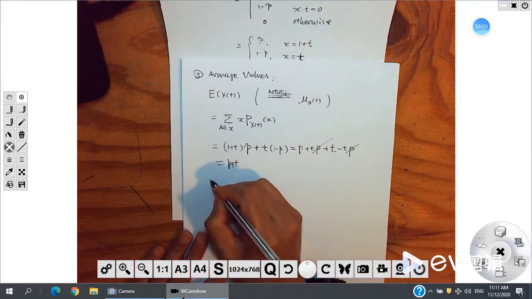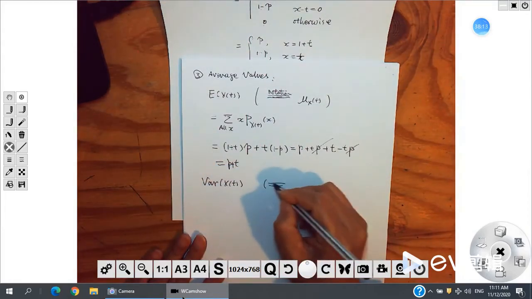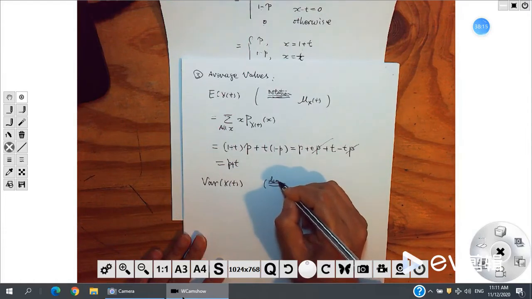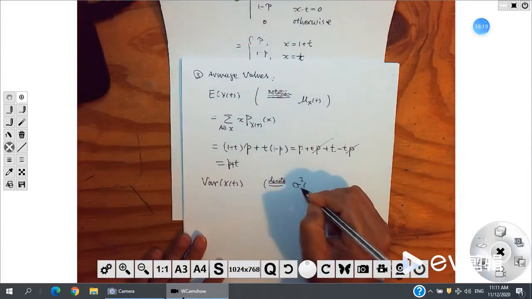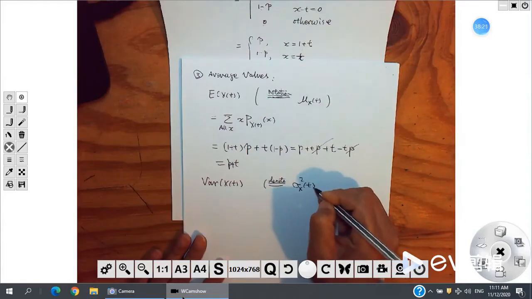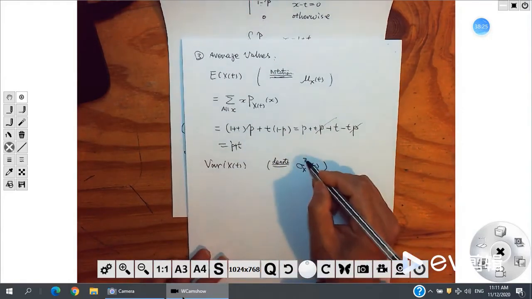And then we calculate the variance. Variance of x of t. Actually, we denote it as sigma squared x of t. We denote it by this one. Here you can think the square is also a part of the whole notation.